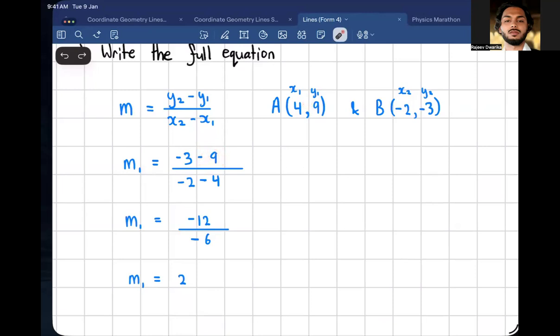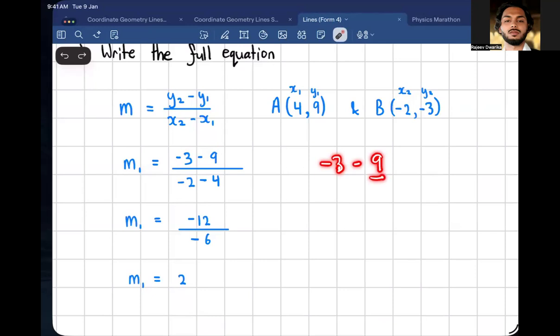Let me show you what I mean, right? y2 minus y1. y2 is -3. If you notice, there's nothing in front of -3, so we don't have to put brackets. And 9 is not a negative number, so I don't need to put brackets.